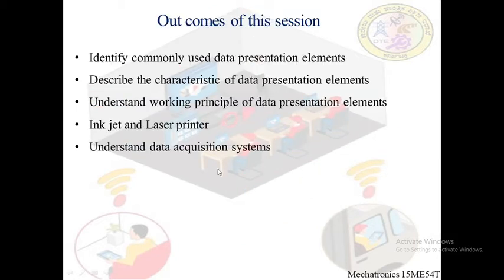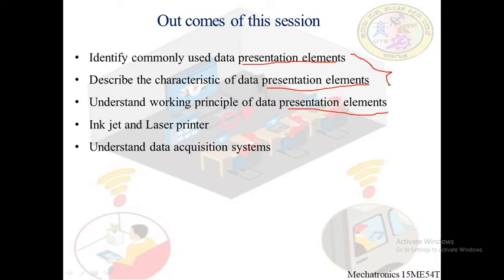In this session we will be continuing our discussion with a few more types of data presentation elements. We will be describing their characteristics and understanding their working principles. Throughout our sessions we will be seeing the various types of data presentation elements.